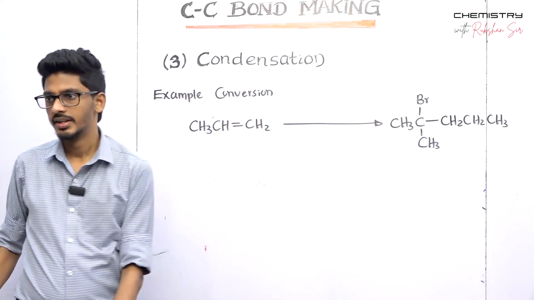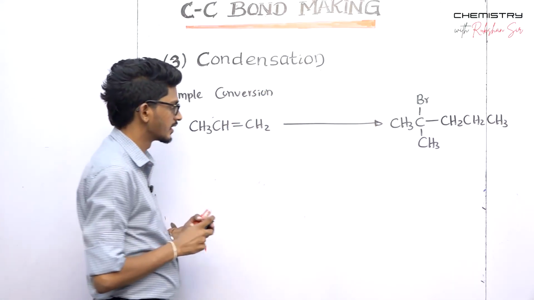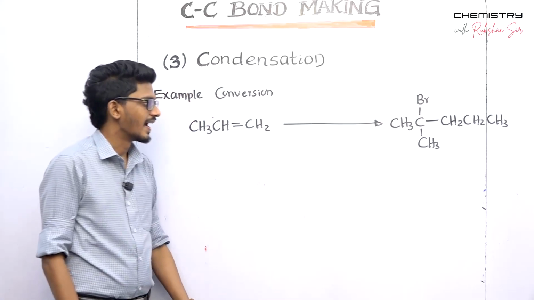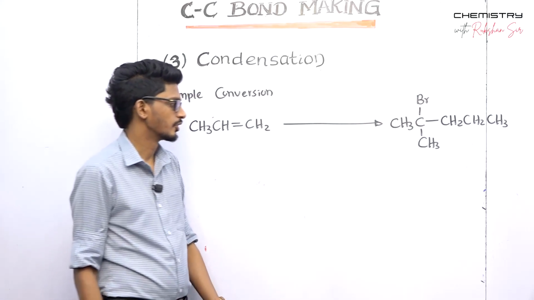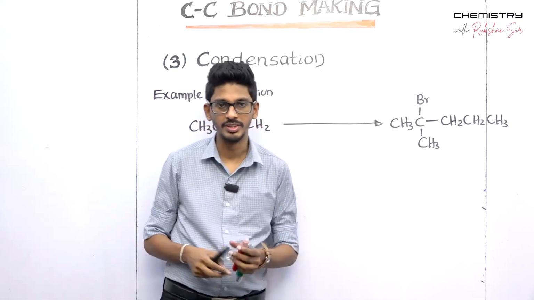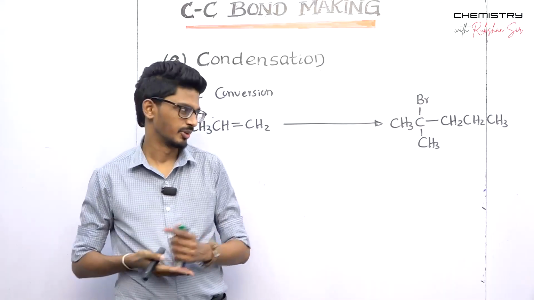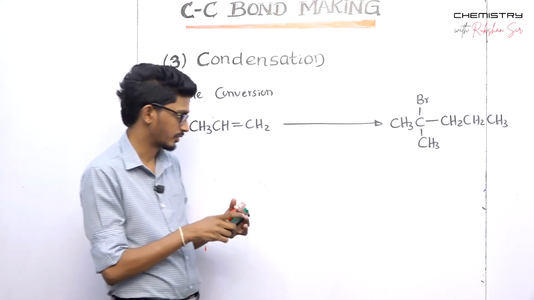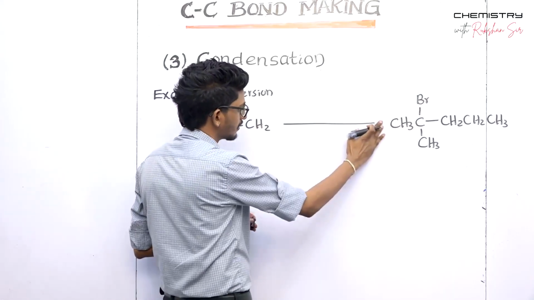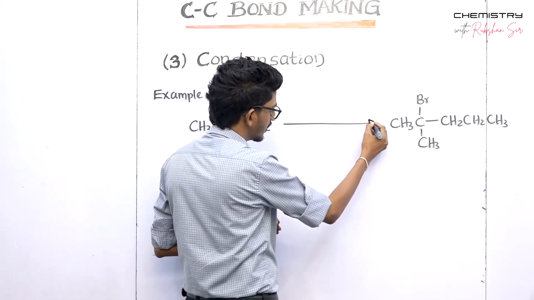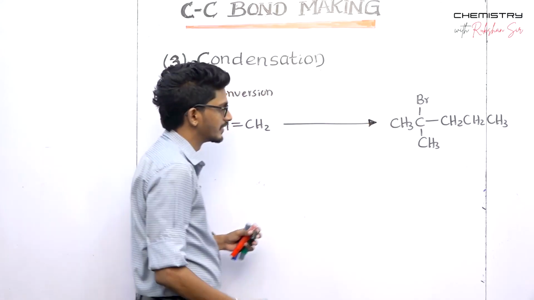Okay. Let's try to do this conversion with the use of aldol condensation, with the use of the condensation techniques. I don't know whether it is the aldol or the ketol, right? Both are the same, right? But I don't know up to now. Anyway, let's use one of the condensation techniques to come up with this carbon skeleton.